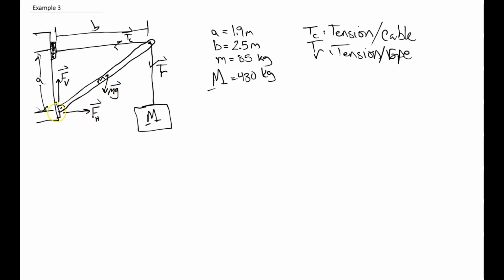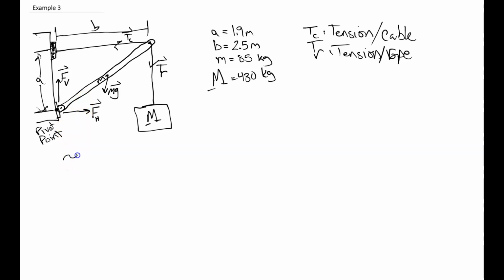And if we consider this to be our pivot point, and now we apply the rules for equilibrium. You can start with any one you want. You can start with the x direction, y direction, or torques.